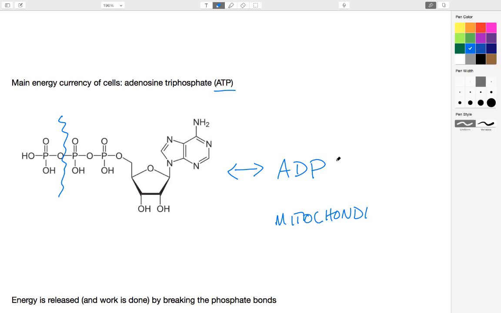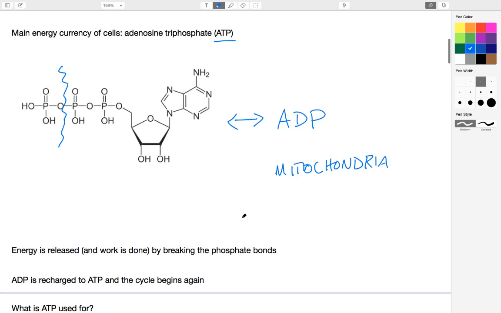Part of the mitochondria's job is to create energy within the cell, and the ADP molecule is essentially recharged or reassembled by adding a phosphate group back to it, and it becomes ATP once again. So this endless cycle goes on, and this is what gives cells ultimately their energy.